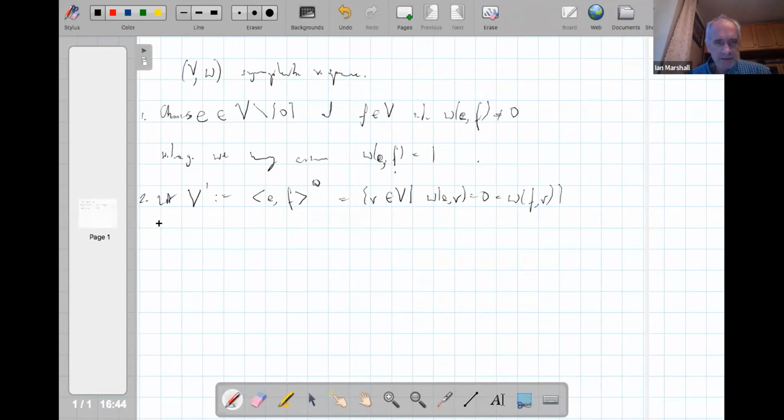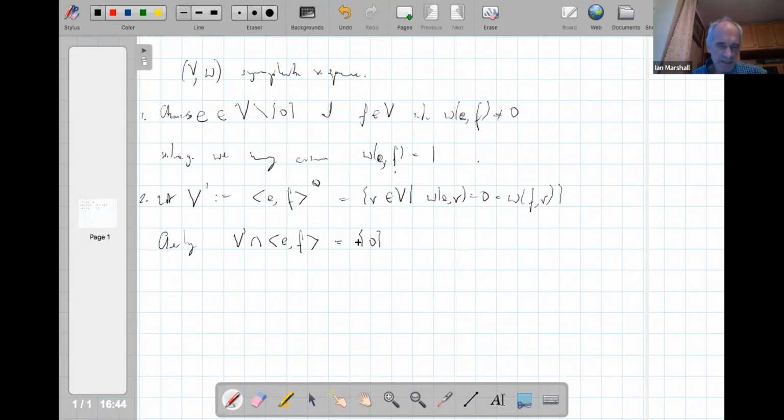All right, so let's notice we have clearly that the intersection of V prime with this two-dimensional subspace is just 0, because e and f are definitely not in V prime.